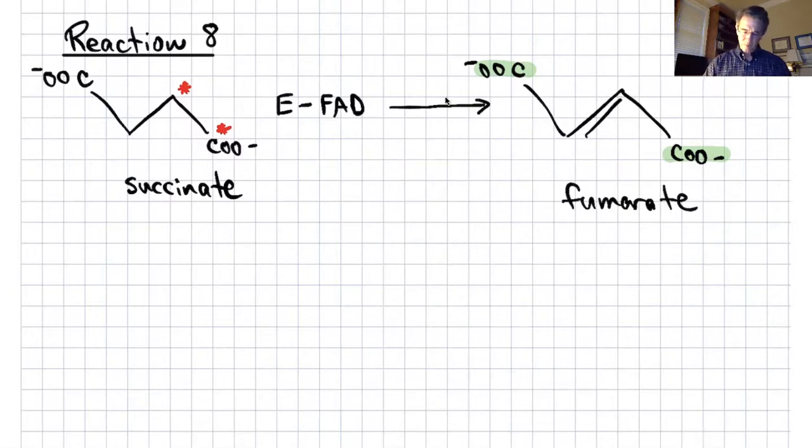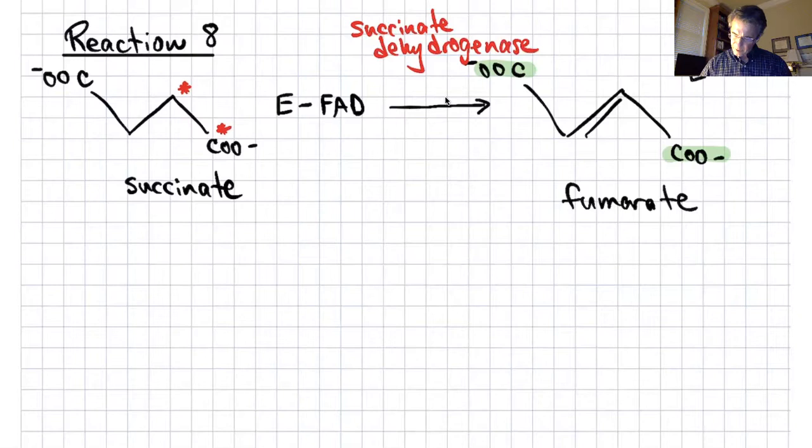At this step, and this enzyme is, of course, known as succinate dehydrogenase. Right, and go over here, write out we're going to get some FADH2 out of this, right?